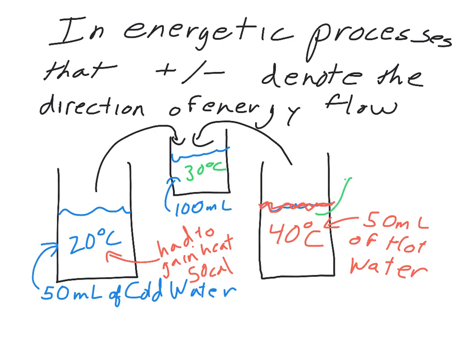So our hot water over here actually had to lose energy, and specifically it had to lose 50 calories of heat energy in order for our mixture to have a net temperature of 30 degrees Celsius.